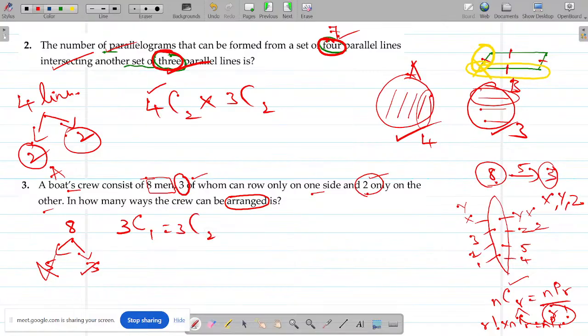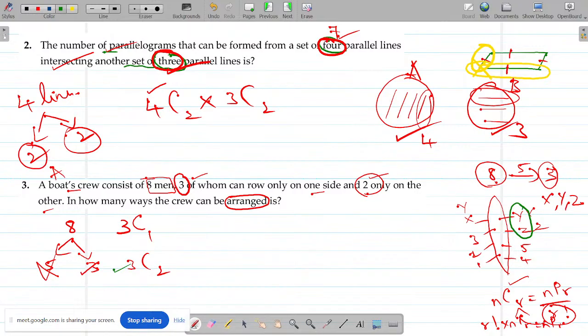If these R values are added and you get the N value, then it's going to be equal. So 3C1 and 3C2 are same. So either you can take 3C1 or 3C2. You may ask why 3C1 and why 3C2. If I take these places from the 3, I'm going to fix 2 people. So you can take 3C2.